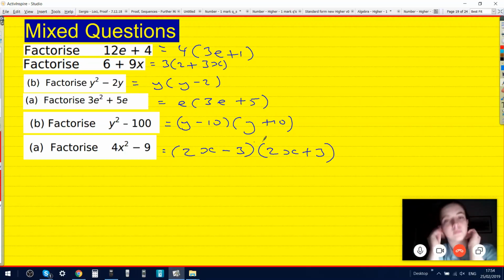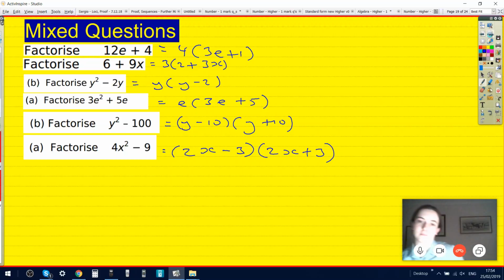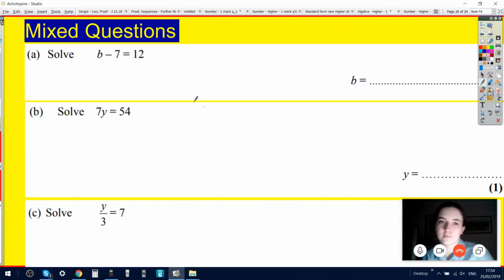And 2 times 3 is the same as 3 times 2. And so the first bracket can be the plus one and the second one can be the minus one. Makes no difference. These three.